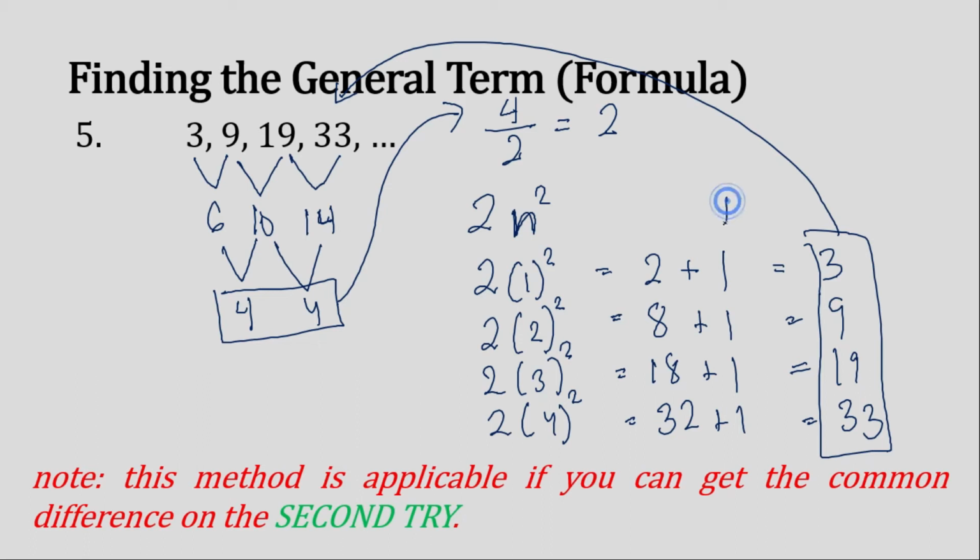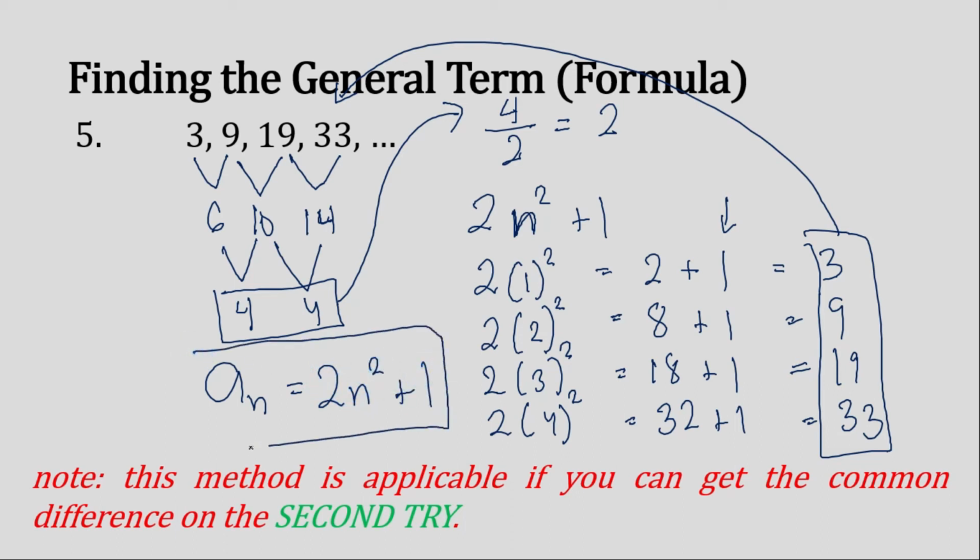So we just add a constant 1 to our original formula. So to write it up, we have a sub n is equal to 2n squared plus 1. So this is our general term. This is the formula for this sequence. Again, let's go ahead to the next example.